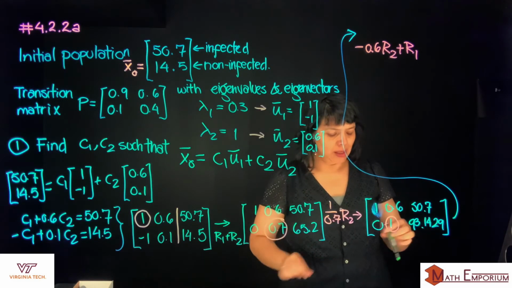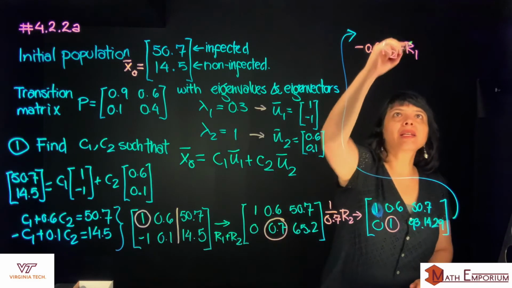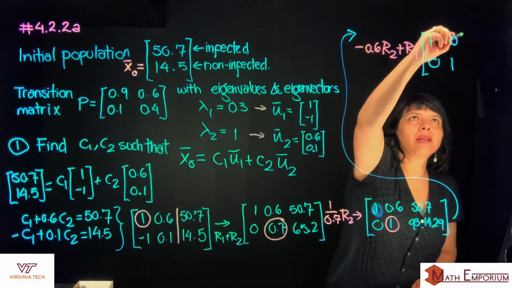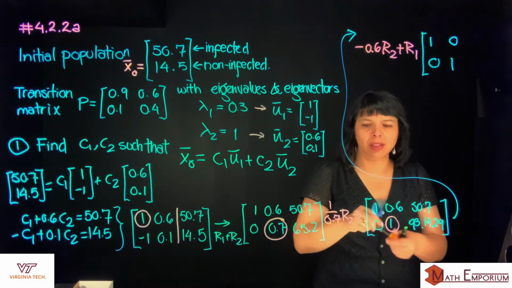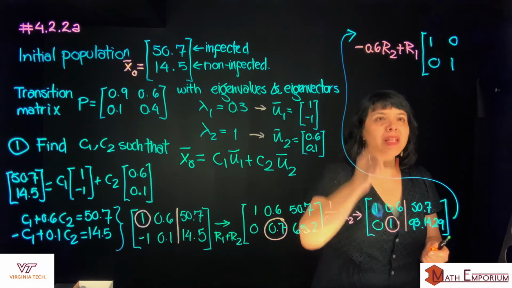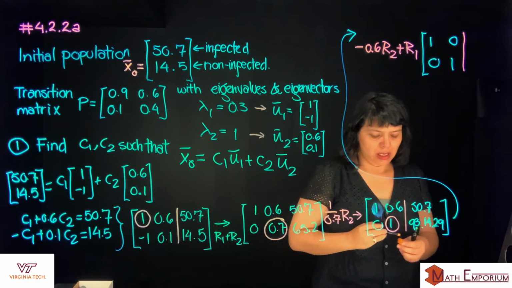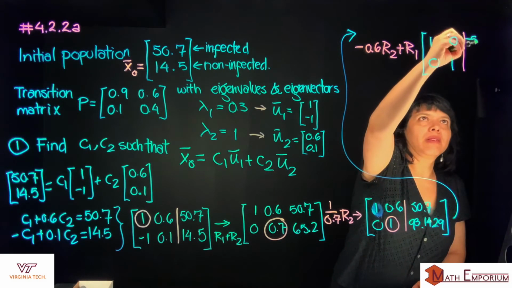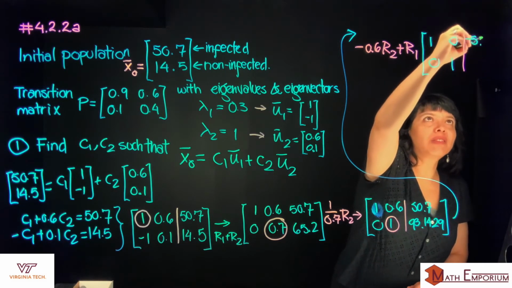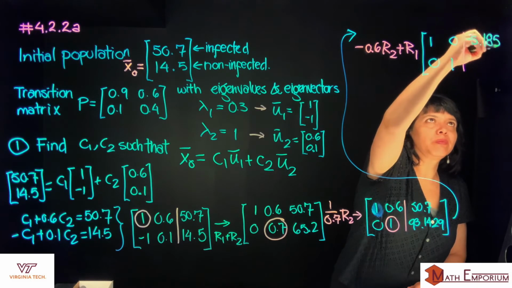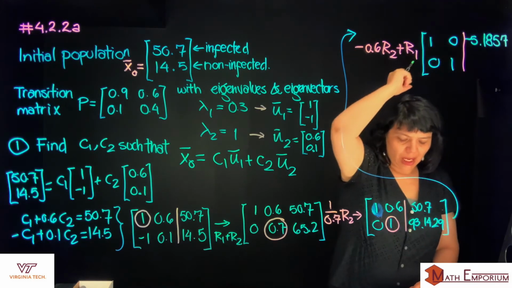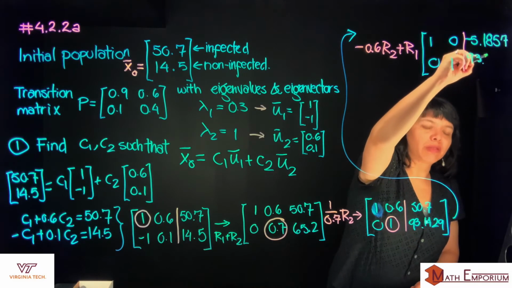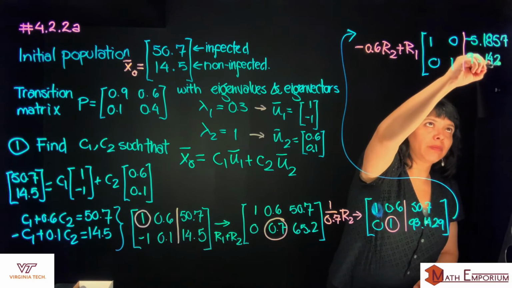And when I do that, I get my matrix 1, 0, 0, 1, and the numbers that I'm going to get in the augmented part are negative 5.1857 and 93.1429.